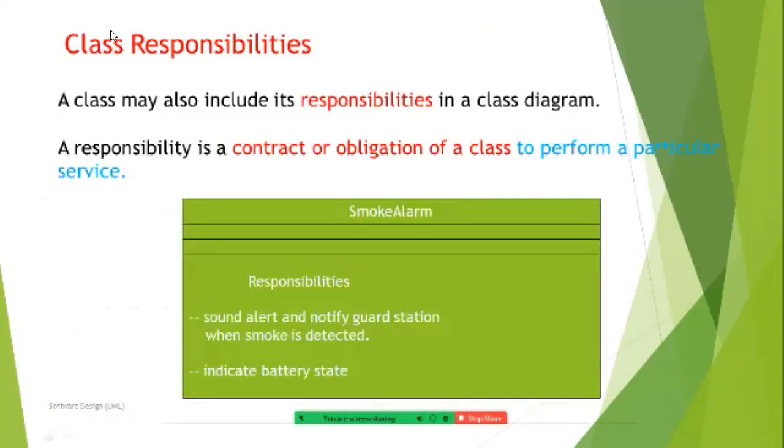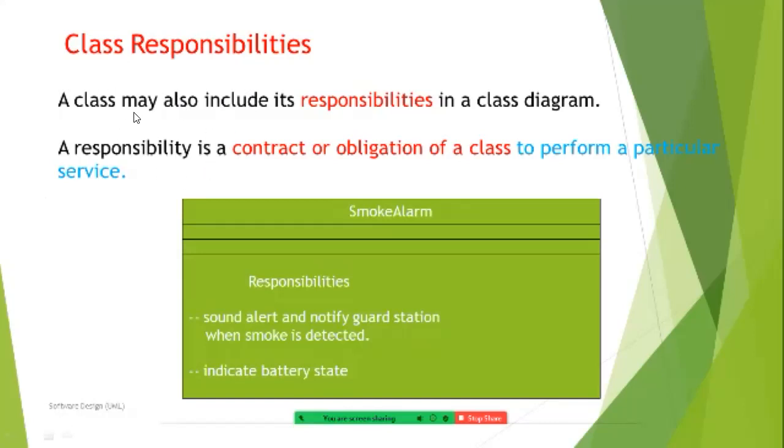This is class responsibilities. A class may also include its responsibilities in a class diagram. A responsibility is a contract or obligation of a class to perform a particular service.